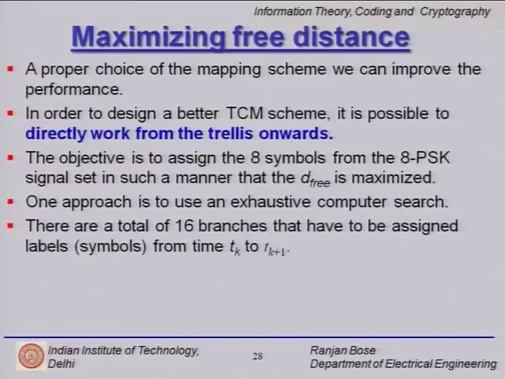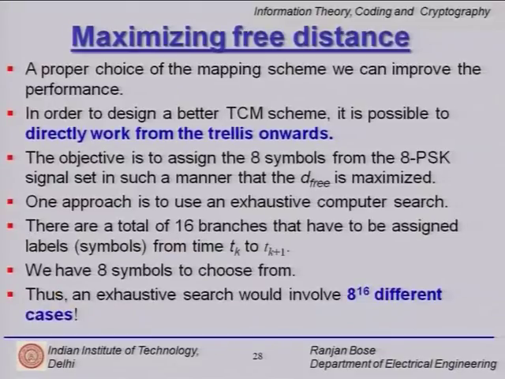Now, in the last example there were 16 branches, because there were 4 states, and 4 branches were coming out from each. We have to choose 8 symbols. So, how many ways can we do it for an exhaustive search? Well, 8 raised to power 16 different cases. That is just too large.